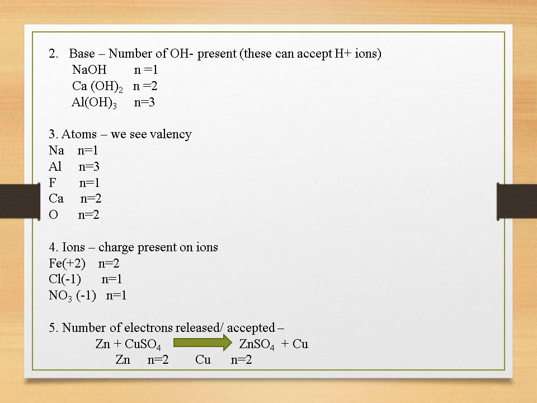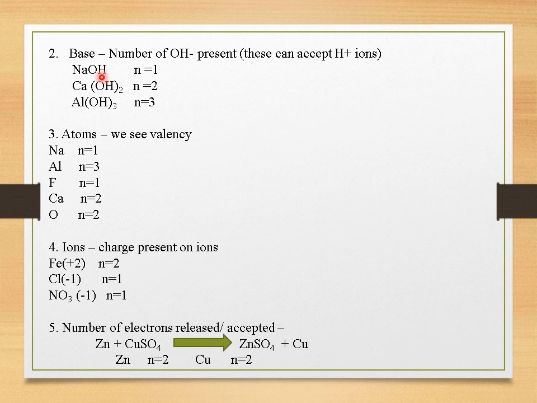If I'm talking about bases, whenever there is a base, obviously we'll be seeing how many OH- ions, hydroxide ions, are actually present that can accept the H+ ions. So for bases we will just see how many OH- ions are present.